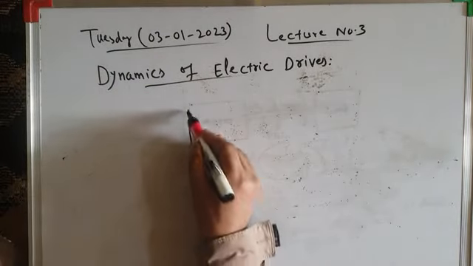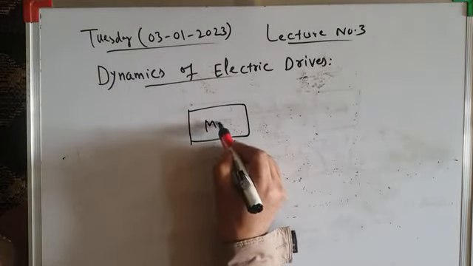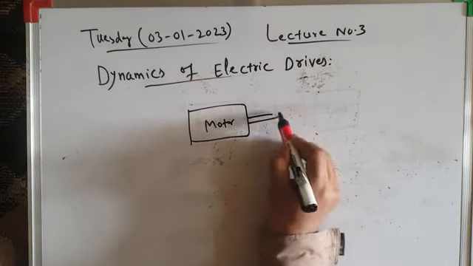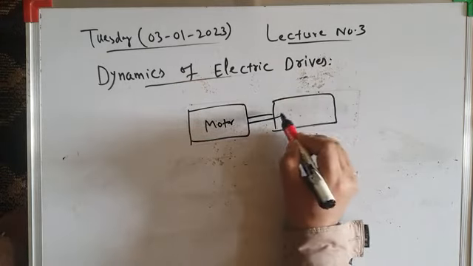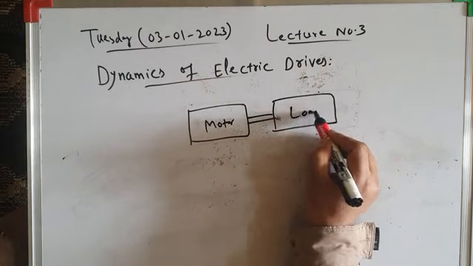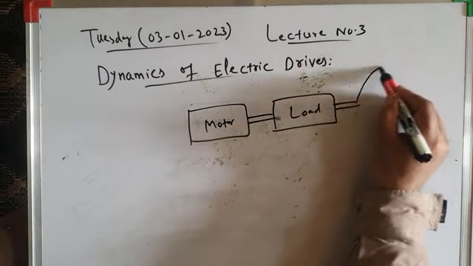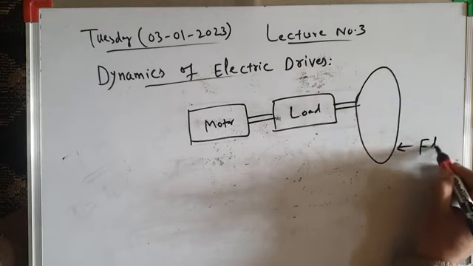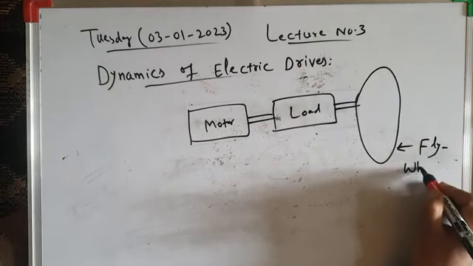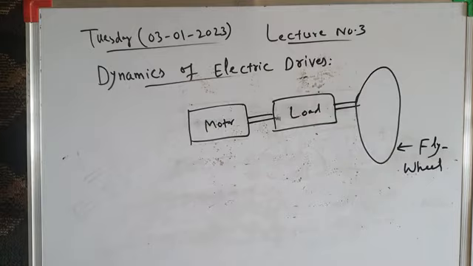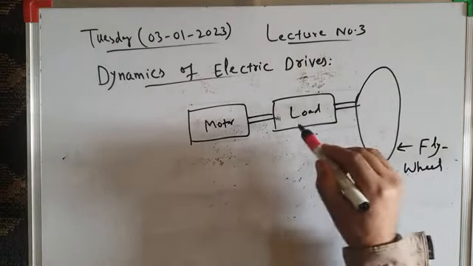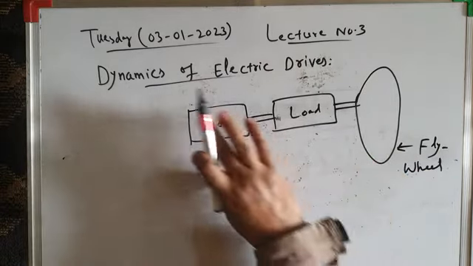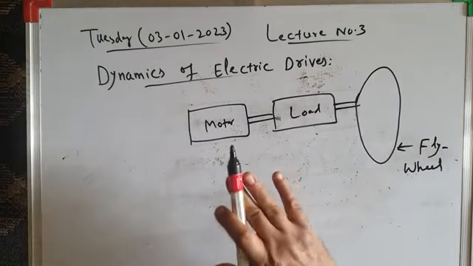Let us suppose this is the motor and this is the load. The load may be a pressing machine. What we do is that this pressing machine is coupled to a large flywheel. This is the flywheel. What happens when the motor is started? It accelerates the load. When the load accelerates, the motor accelerates, but pressing is not done.